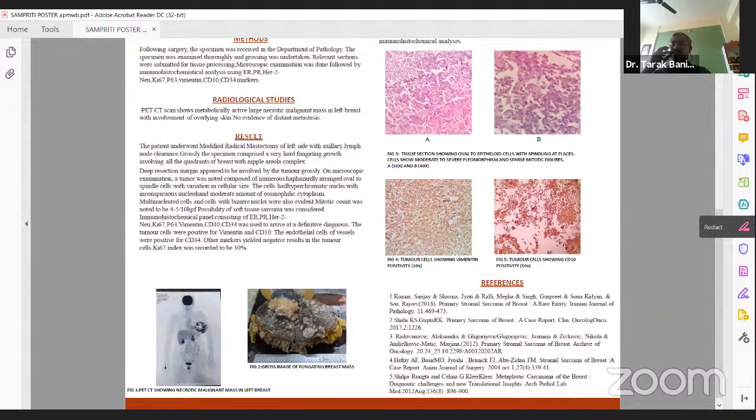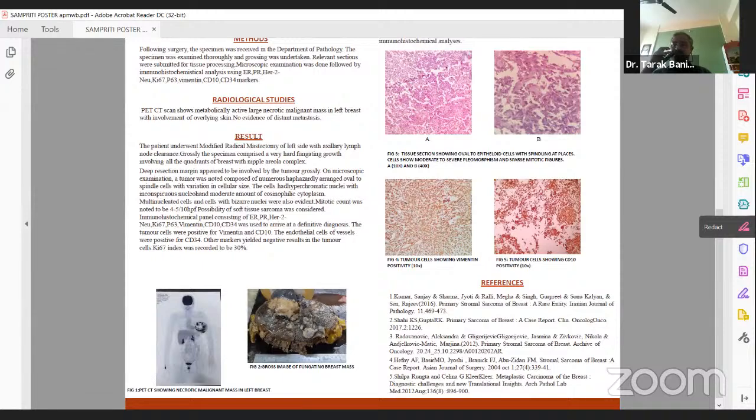Did you show the TrueCut biopsy image in your report? No, sir, I have not included it in this poster. But you have mentioned in the TrueCut report IDC NOS. Now, after having the gross and the mastectomy specimen, you corroborated that finding of IDC diagnosis on TrueCut biopsy.